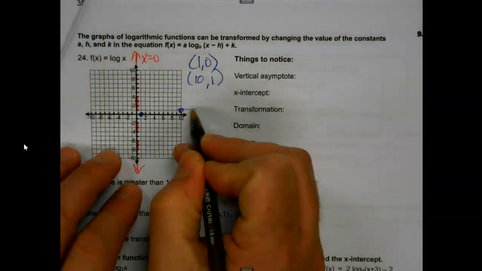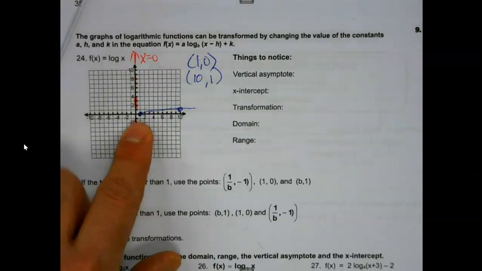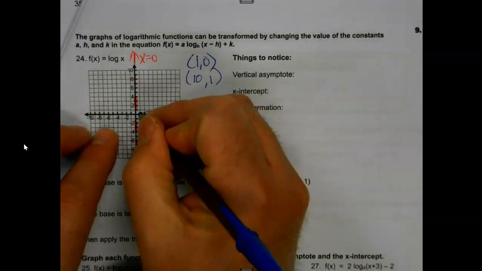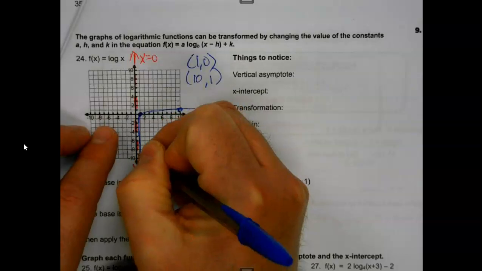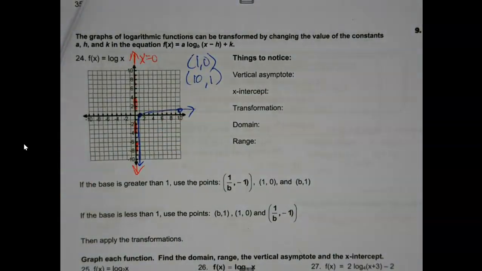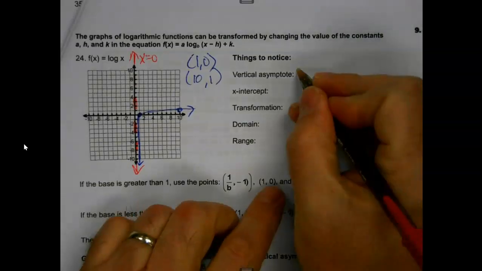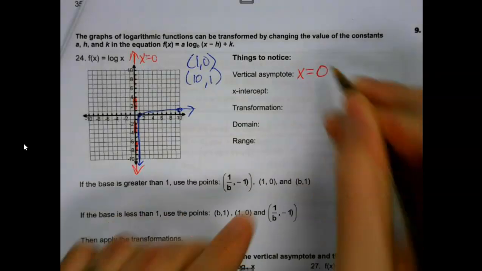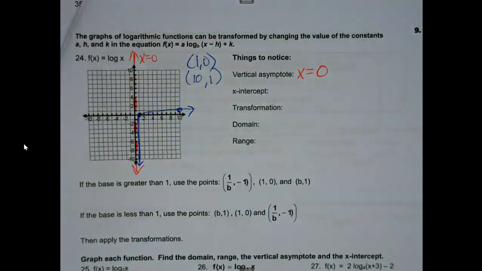And this graph is not going to stop right there like it looks like it on our calculator. It's going to keep right on going up real close to that asymptote. So, our vertical asymptote is at x equals 0, not just 0.